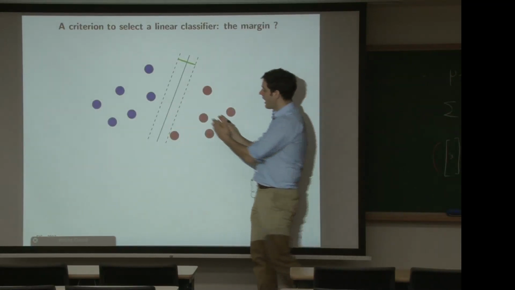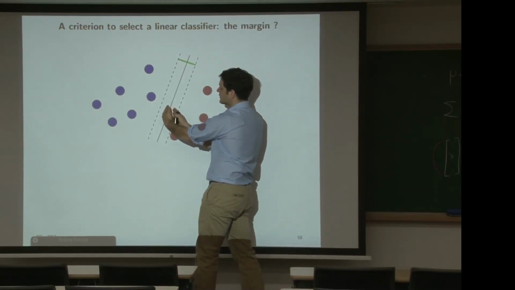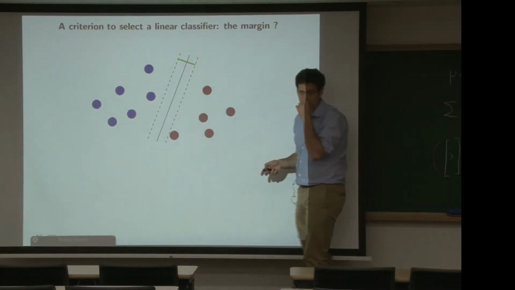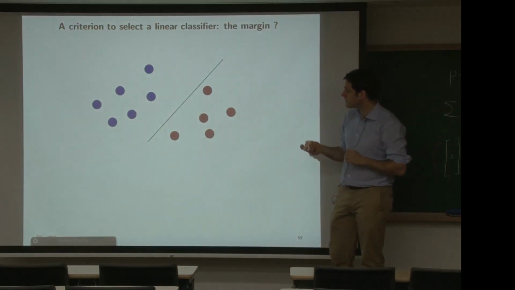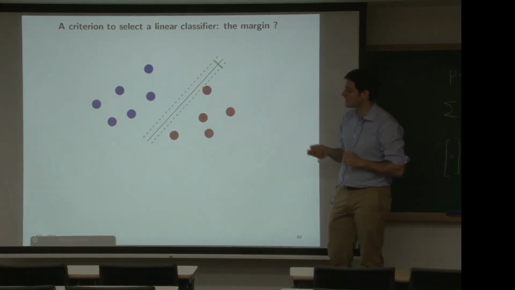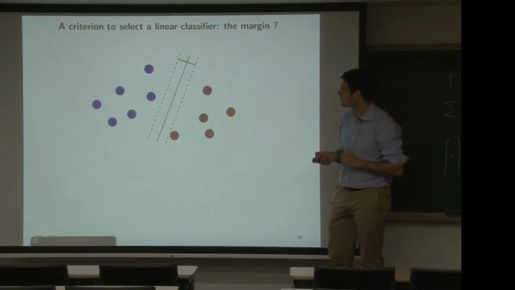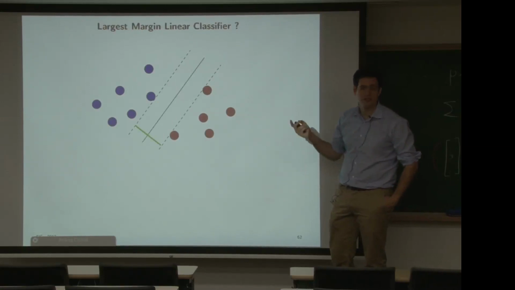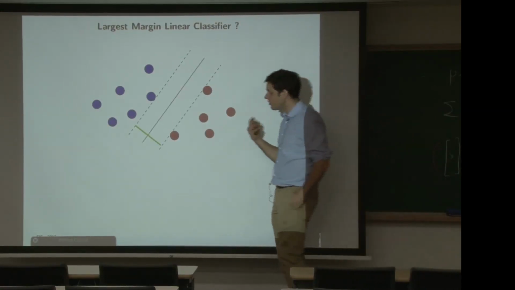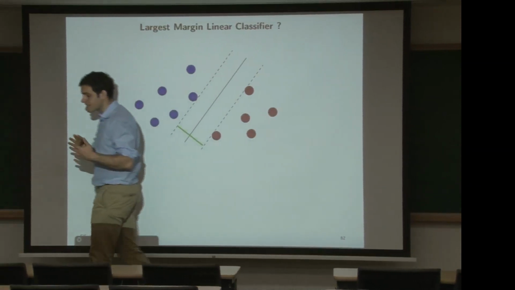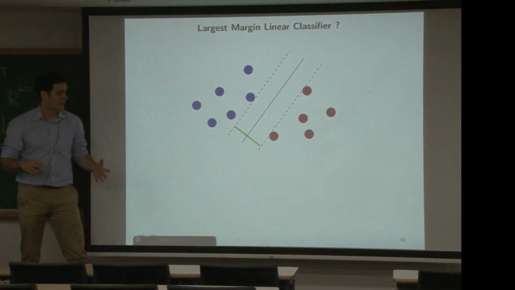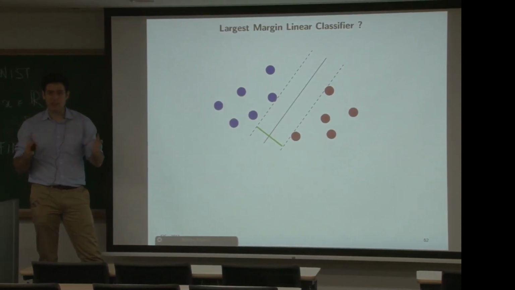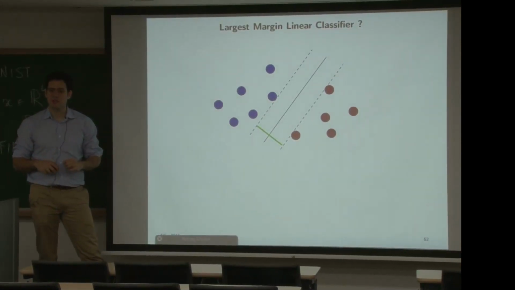The buffer is how far you can go on both sides until you touch one point. Obviously the buffer for this line is smaller than the buffer for this one. So if you think that it's good to have a big buffer, which line should you select? This is exactly what the SVM tries to do. It will run an algorithm that will maximize the size of that buffer, and then decide that this is the best possible separation hyperplane.